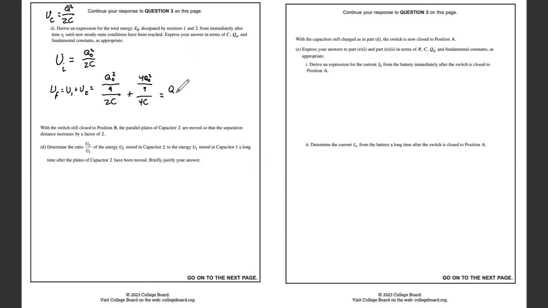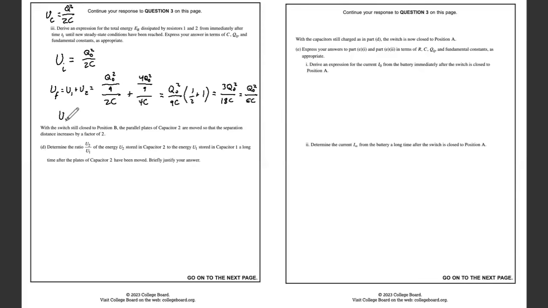Let's go ahead and factor out q naught squared over 9c for the time being. That's going to give us 1/2 plus 1, which is going to give us 3 q naught squared over 18c, or therefore q naught squared over 6c. Hopefully I didn't do my math incorrectly there.